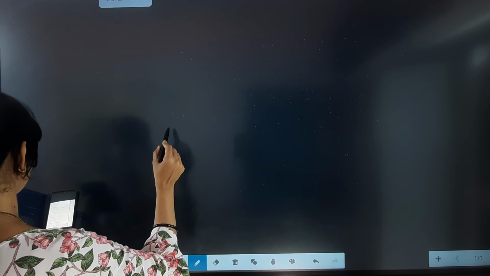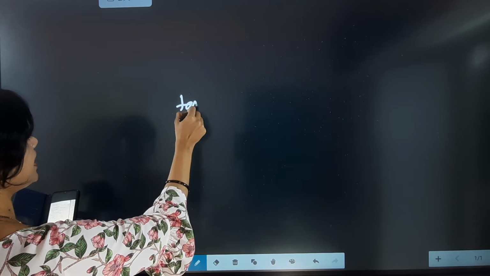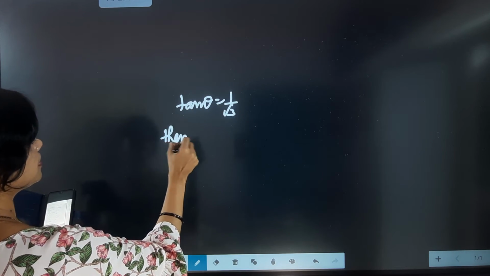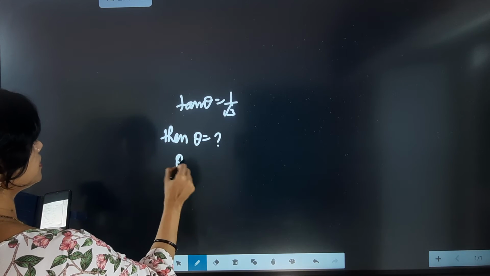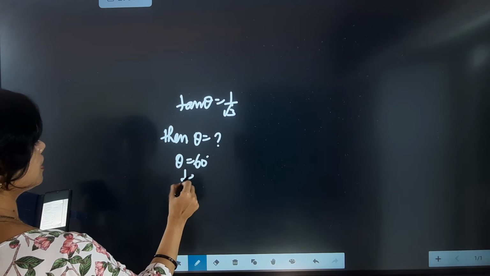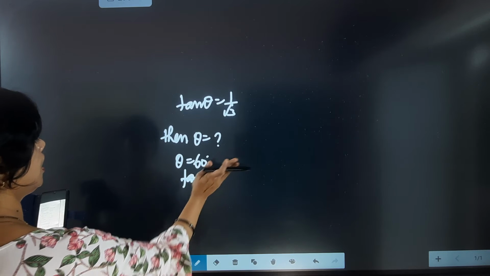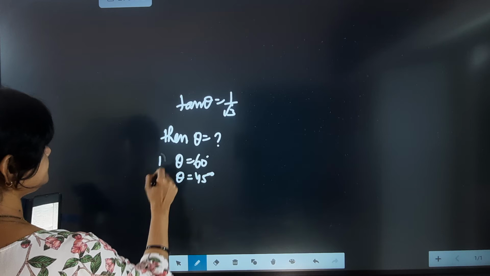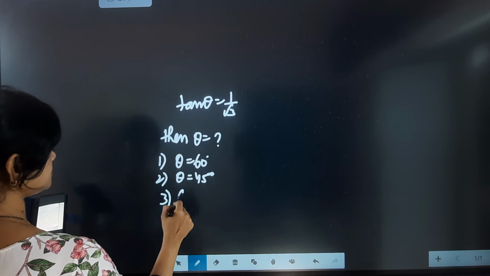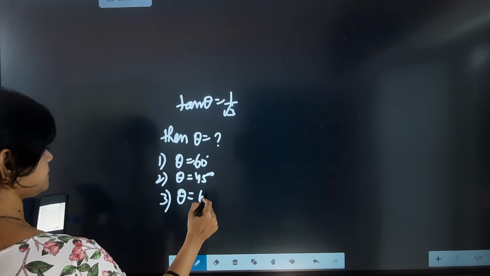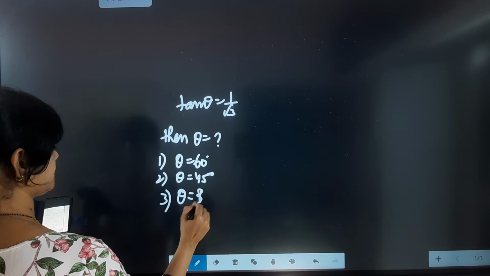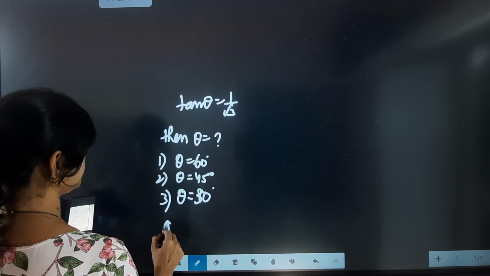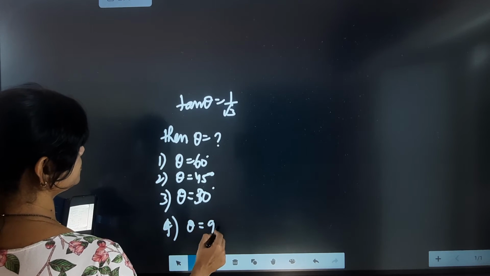Next question is, if tan theta equal to 1 by root 3, then theta will be equal to what? Easy.